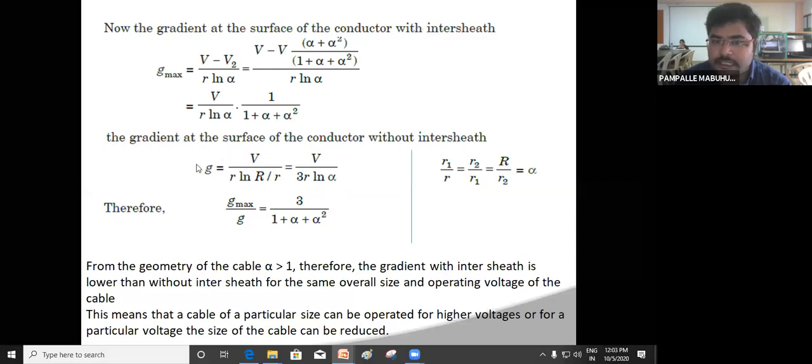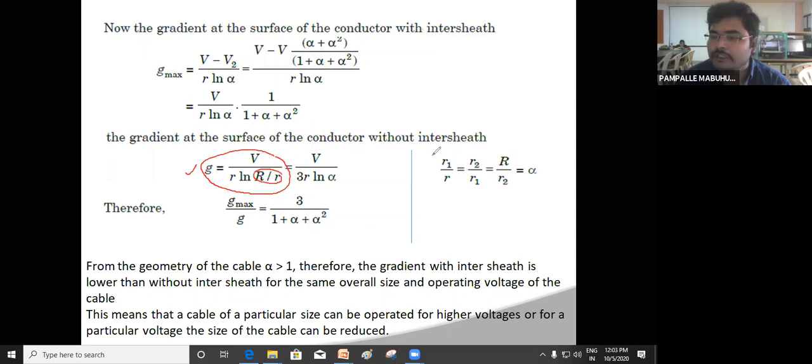So this is the actual equation without considering the intersheath grading. Let us represent it with small g. So this value is equal to V by r into ln capital R by small r.